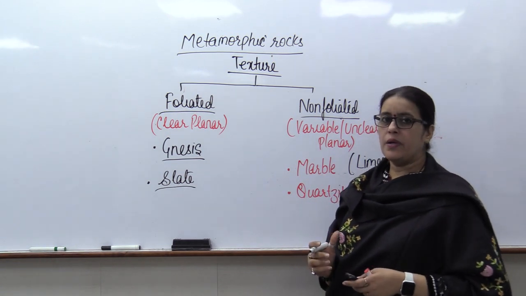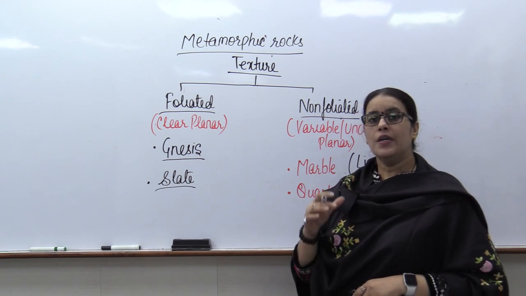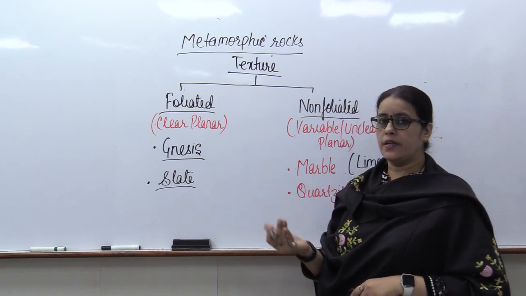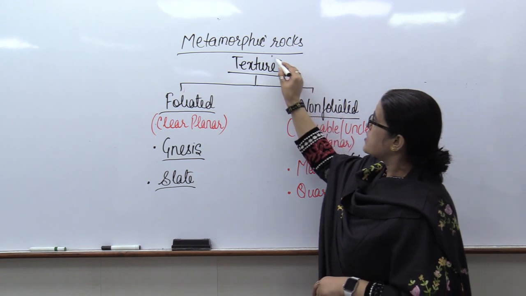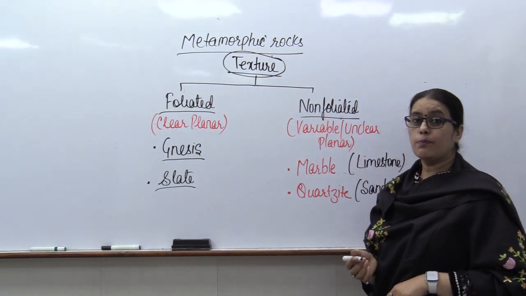So foliated metamorphic rocks will always show consistent, regular texture. The question arises: why don't we classify metamorphic rock based on composition?